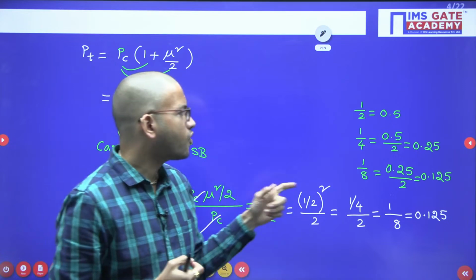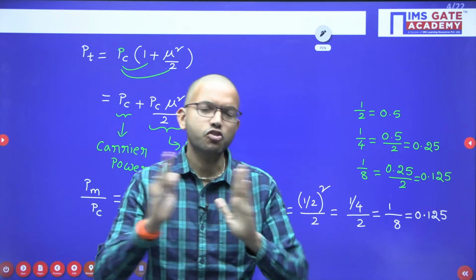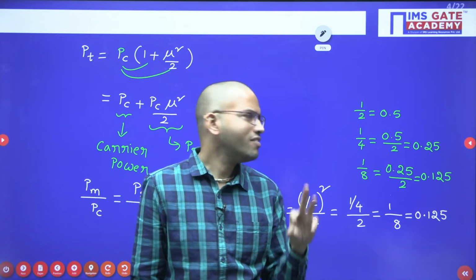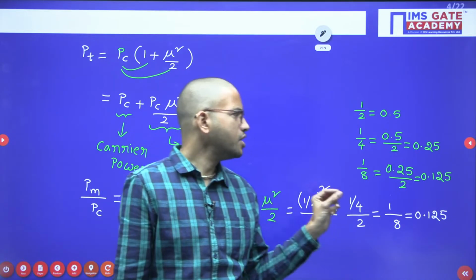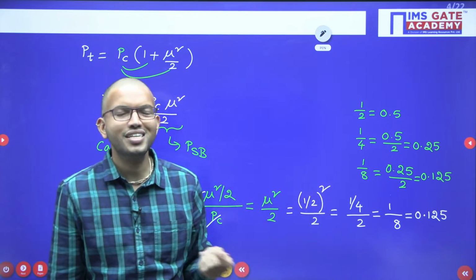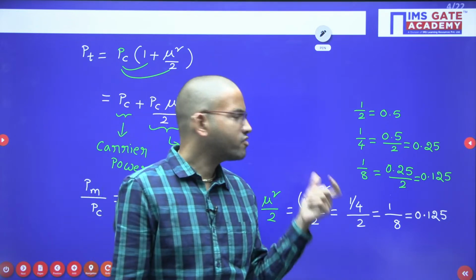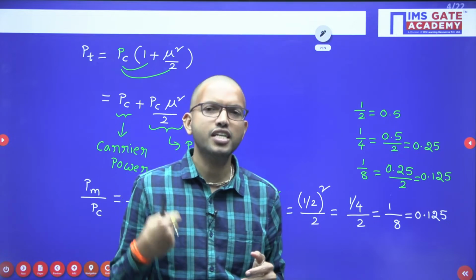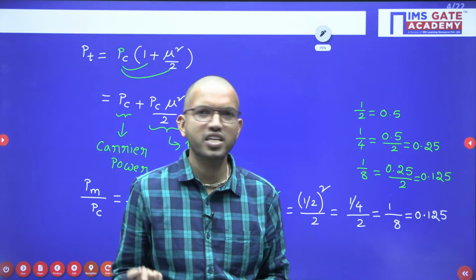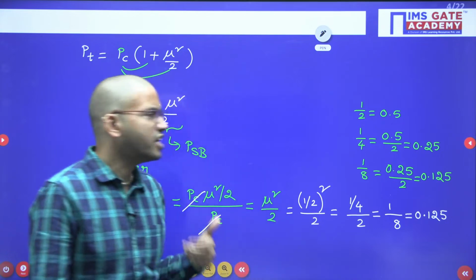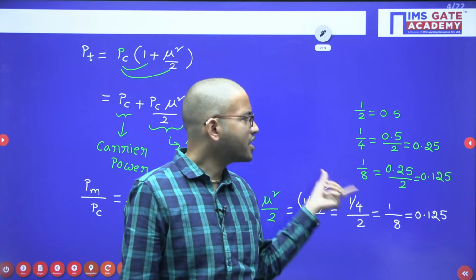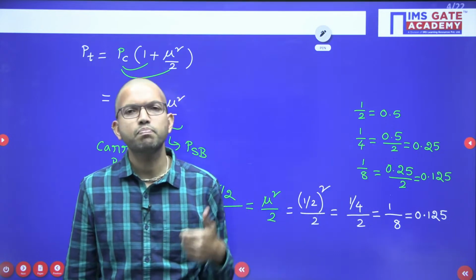So if you want to attempt any question in less time, wherever calculations are possible without a calculator, try to do them. For calculations that are laborious or time-taking, you can use the virtual calculator or normal calculator. But whenever simple calculations are there, better do it on your own.